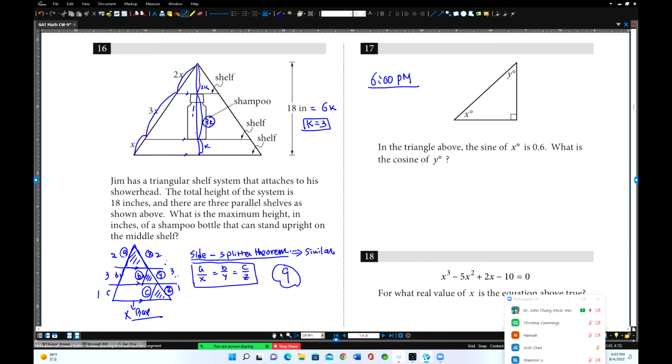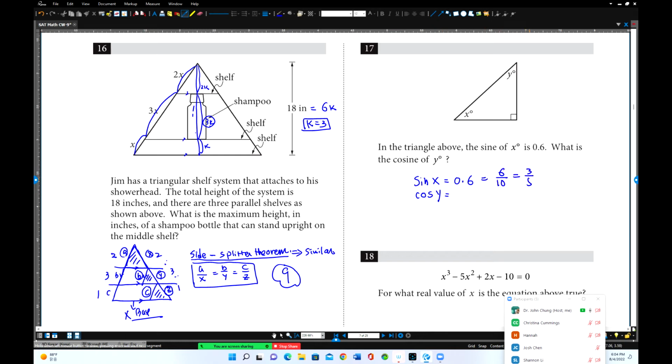Now move on to number 17. In the triangle above, sine of x equals 0.6. What is the cosine of y? Well, maybe you can apply this because we already have right triangles there. 0.6 is 6 over 10 or 3 over 5.